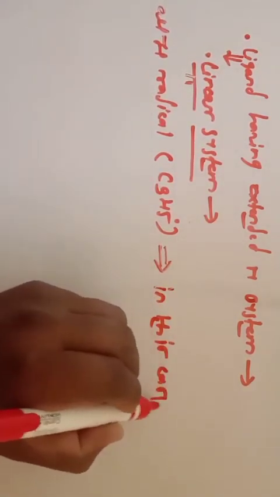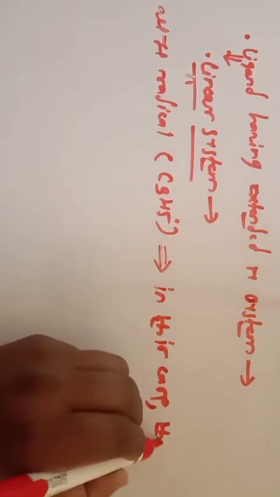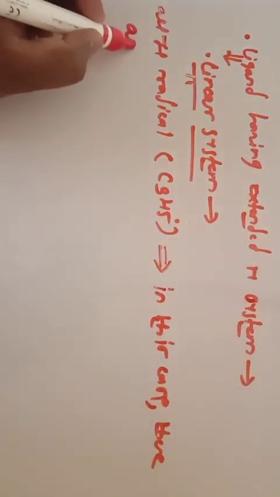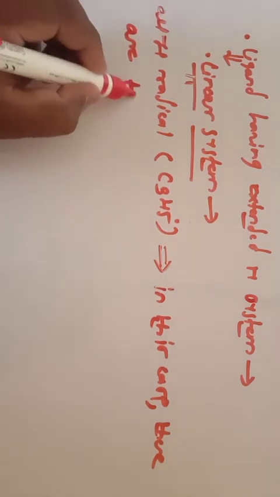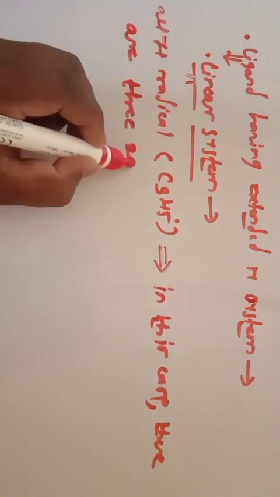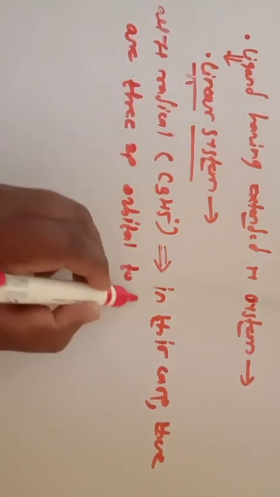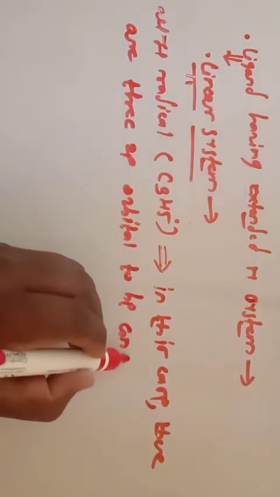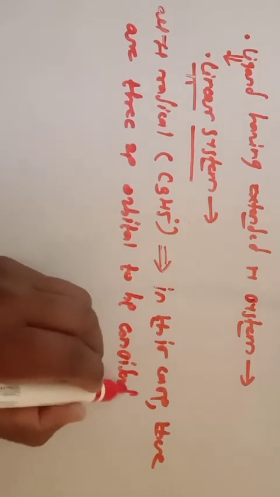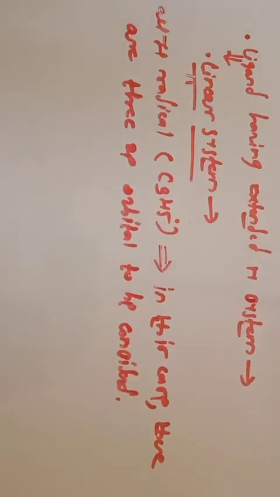In this case, 3 2p orbitals are to be considered, one from each carbon atom participating in the pi bond formation.